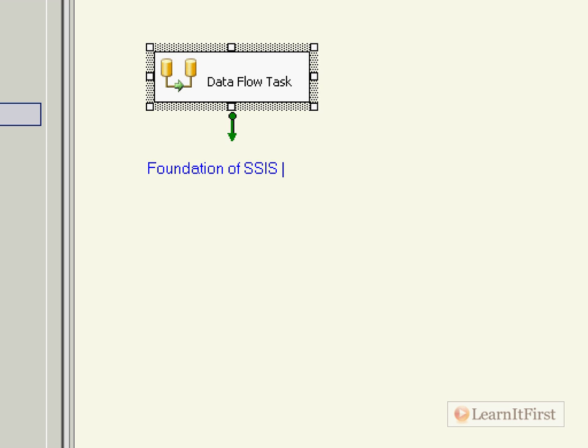So this is your most common ETL task. When you deal with a data flow, you have a source, you have a transformation, and then you have a destination. And I can have multiple sources, multiple transformations, multiple destinations as well.